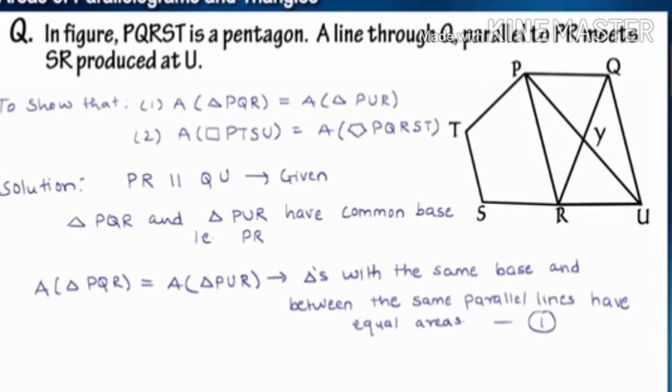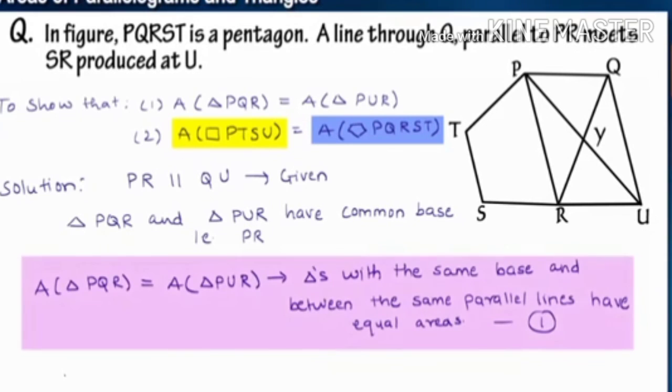The next part says that we have to prove that the pentagon and the quadrilateral have equal areas. Now the second part may look complicated, but you will see how we can easily solve it using the first part itself.